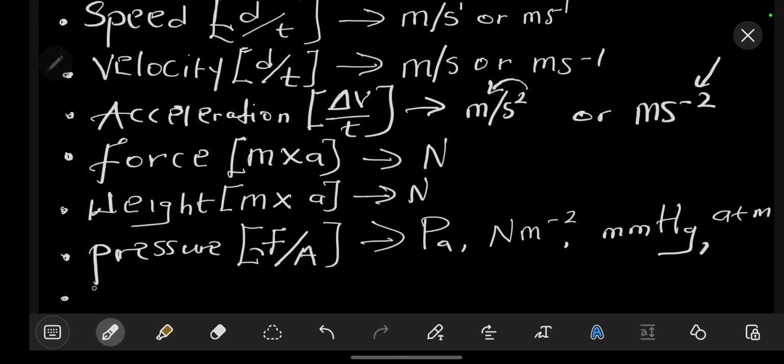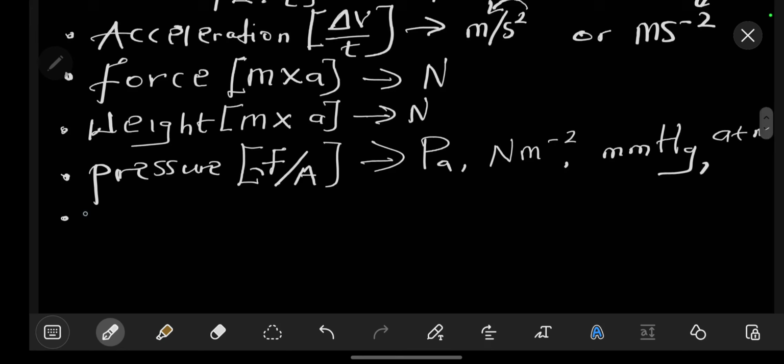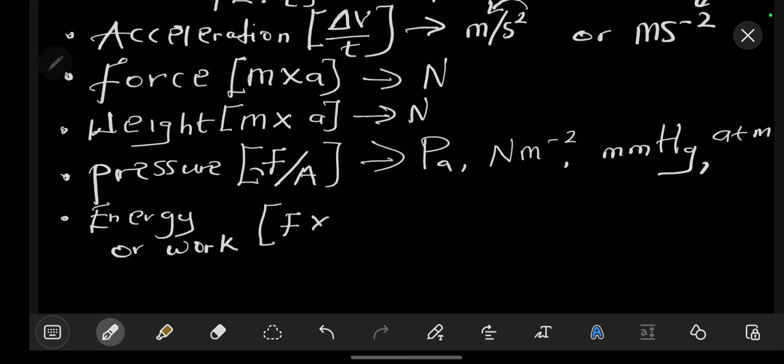Now, the next quantity we're going to look at right now is energy, or work. Both of them have the same formula, and the formula for both of them is force times distance. You see?